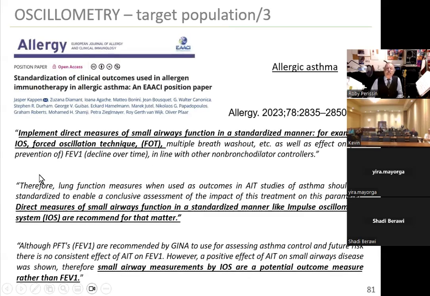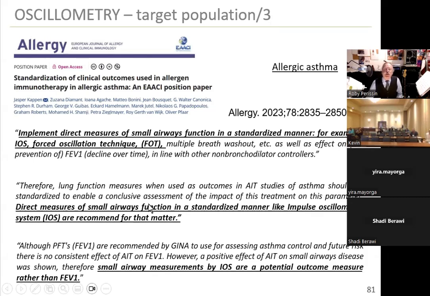Then allergic asthma. A very recent article recommended using the forced oscillation technique or impulse oscillometry, which is the older method, as a standardized manner and as a potential outcome measure rather than FEV1.